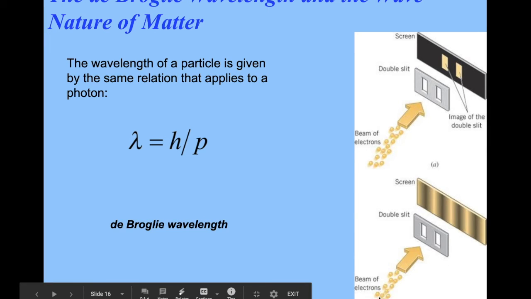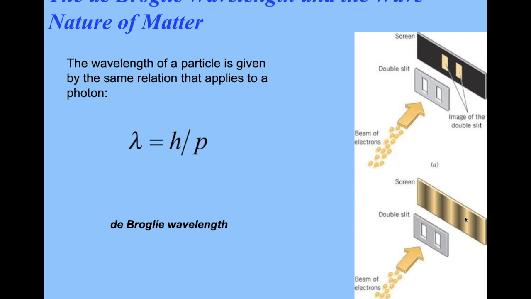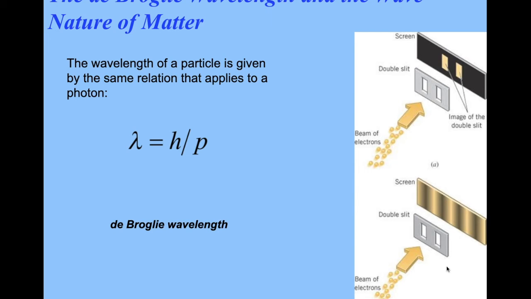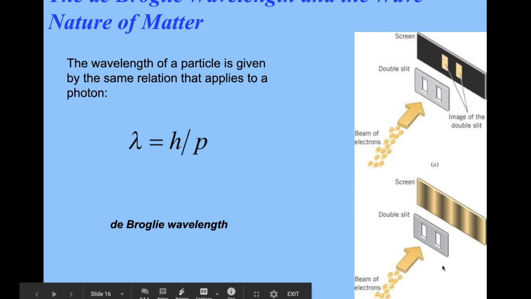De Broglie found that if he sent electrons through, we got the same kind of diffraction pattern that we got for light. Young showed that waves had these diffraction patterns. De Broglie showed that particles too exhibited wave properties and showed these diffraction patterns.